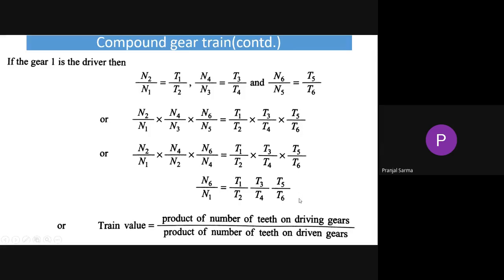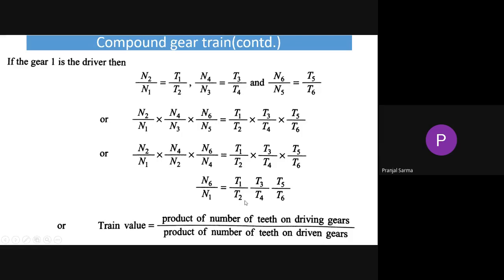At last, the train value is nothing but a product of the number of teeth on the odd gears, that is T1, T3, T5, which are the driving gears, divided by T2, T4, T6, which is the product of the number of teeth on the driven gears.